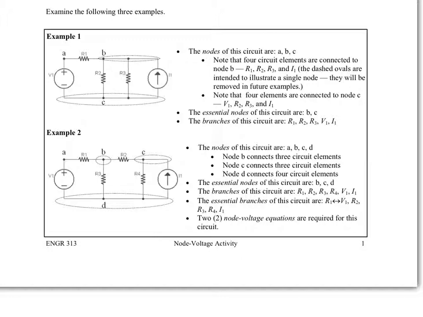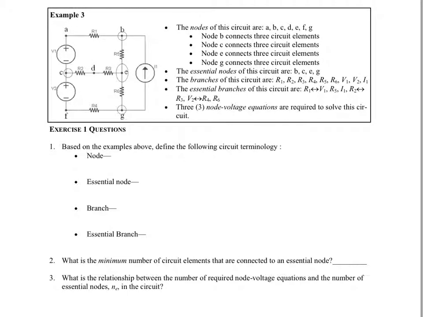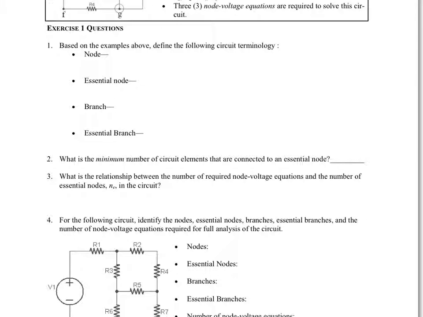In particular, the nodes of the circuit are identified, and these things called essential nodes and essential branches are identified. So based upon your observations of these three examples, I'm asking you to define the terms node, essential node, branch, and essential branch, and determine the numbers of equations that are required to completely solve the circuit.